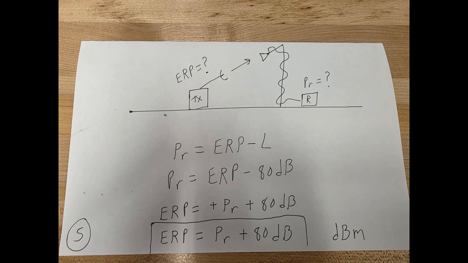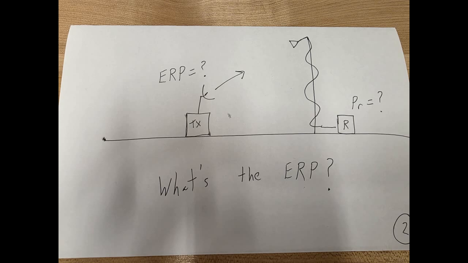That's it, folks. Hopefully you've learned how you can measure ERP for some new radar you built or some new satellite system. It's real simple. You just set up a horn, preferably in the far field. And before you put your system under test, you install a known ERP system.